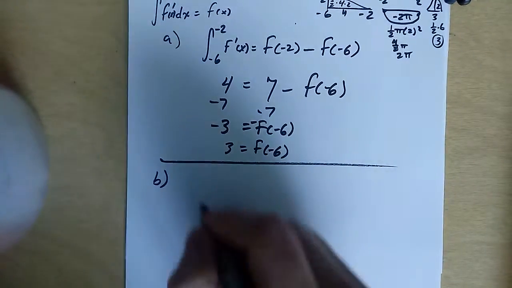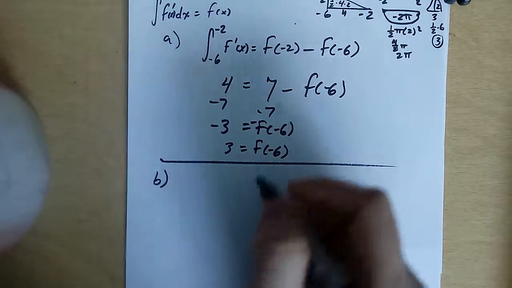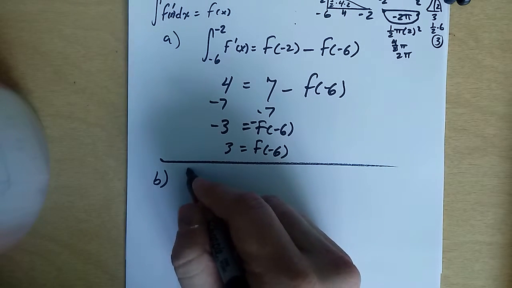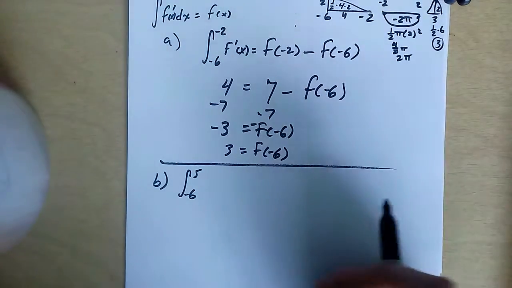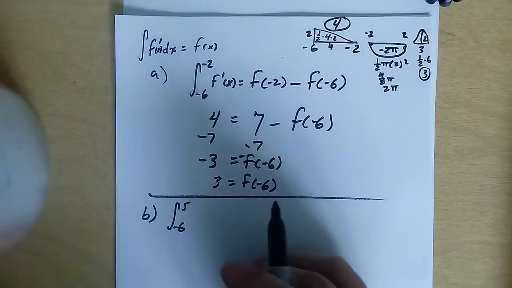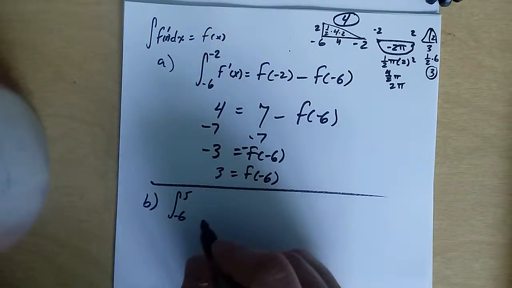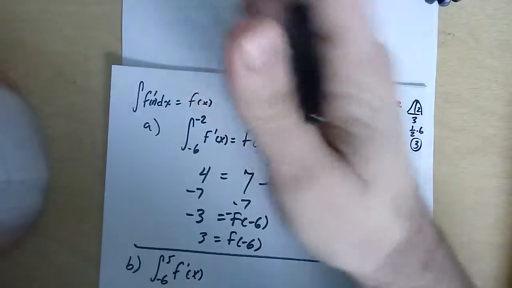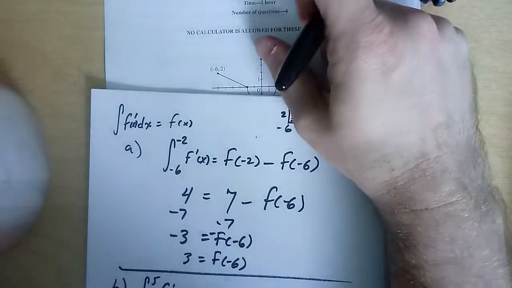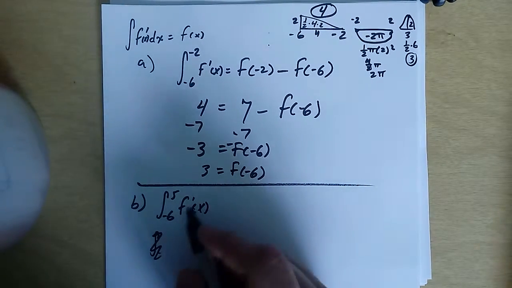In part B, if we want to know what f of 5 is, we're going to need from -6 to 5, the accumulated area all the way up. But remember, the accumulated area is also going to take into account our initial conditions. We don't actually know whatever the original area was before we started adding this on, but we do know what f of 2 is.